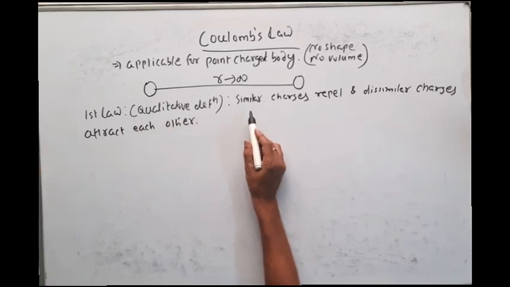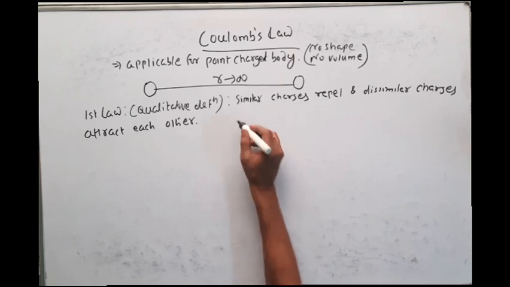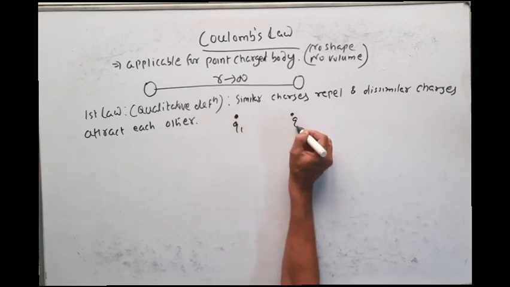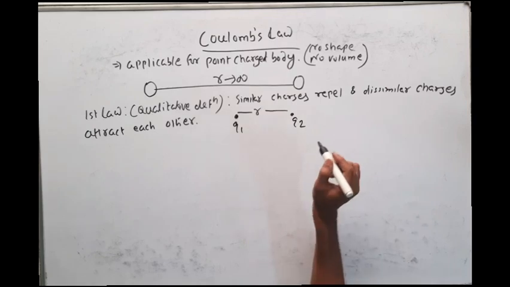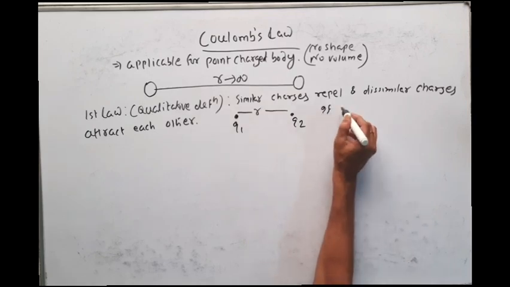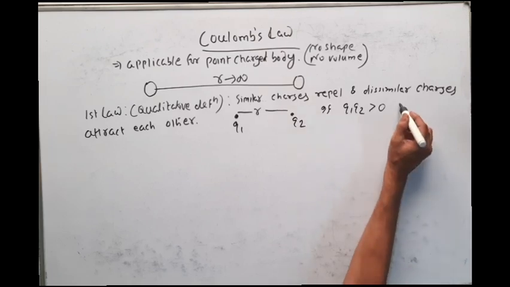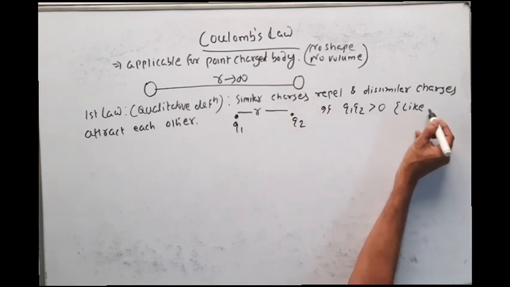What do you mean by similar charge? That means charges having the same sign. Suppose this is Q1 and this is Q2, separated by a distance R. If the product of Q1 and Q2 is greater than 0, these are similar or like charges.